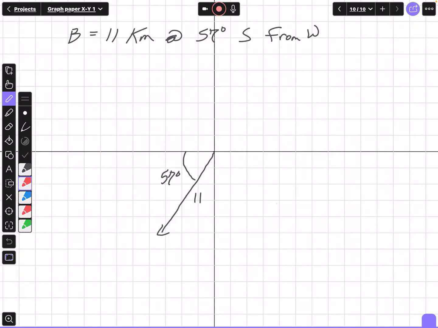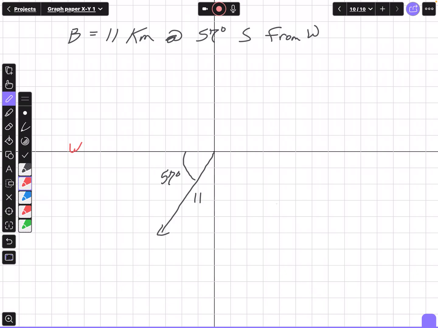One more problem. If I have a vector that's 11 kilometers at 57 degrees south from west, and I'm saying this vector is B, it doesn't matter if I label it A, B, C, or whatever, but I draw that. Remember, it's 57 degrees south of west. I have to go 57 degrees towards the south to get there, and I draw my vector.